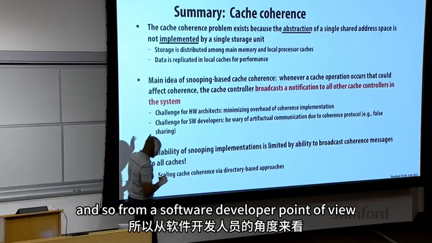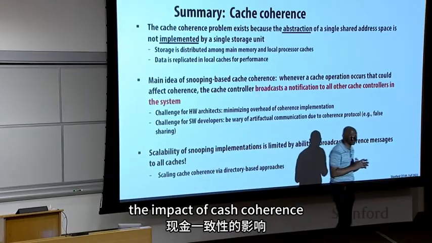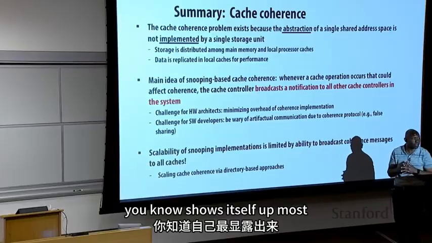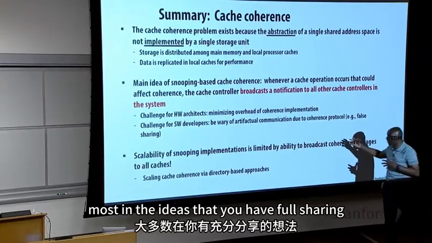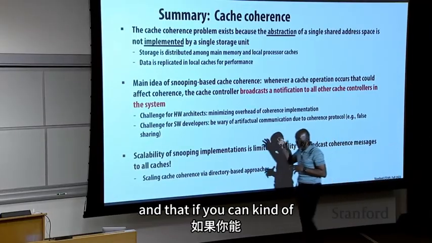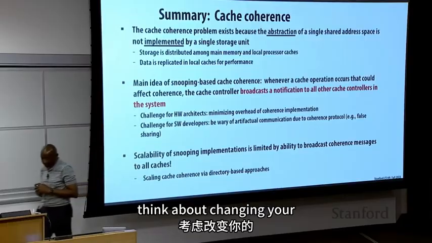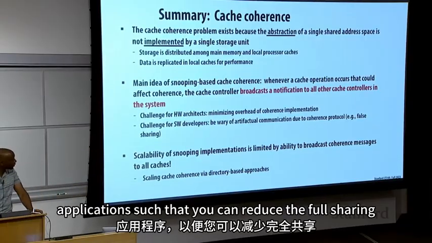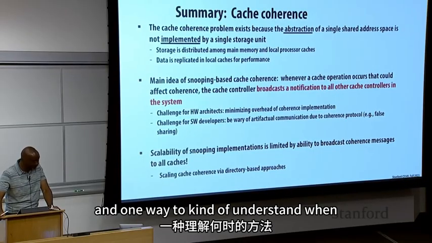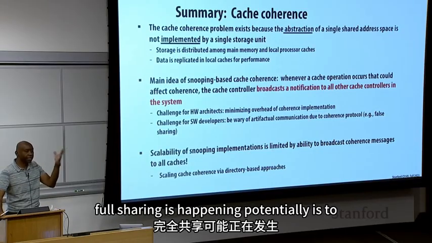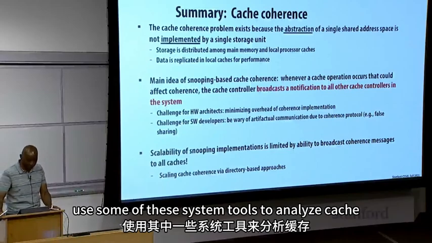From a software developer point of view, the impact of cache coherence shows up most in the idea of false sharing, and if you can think about changing your applications such that you reduce the false sharing, then potentially performance could be a lot better. One way to understand when false sharing is happening is to use some of these system tools to analyze cache behavior.